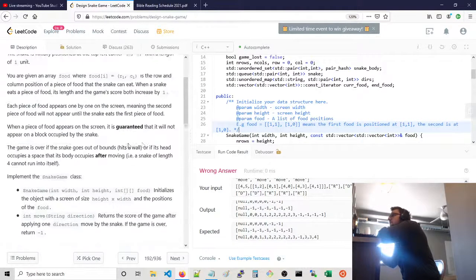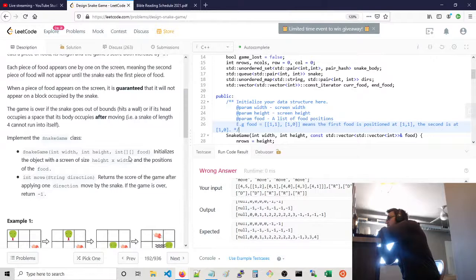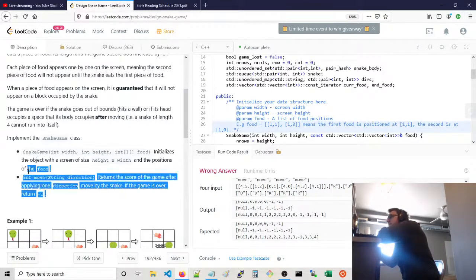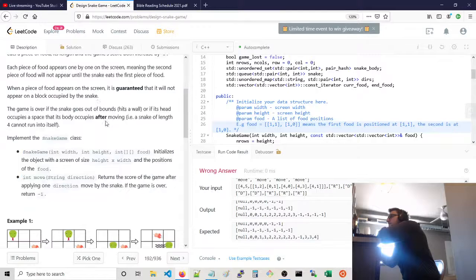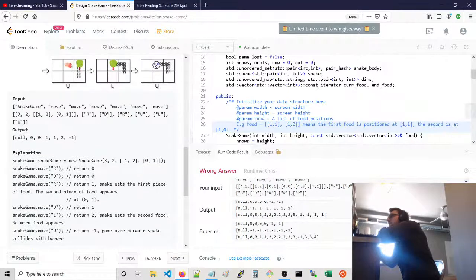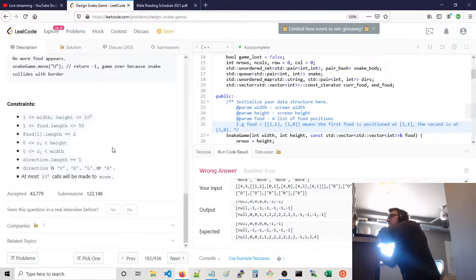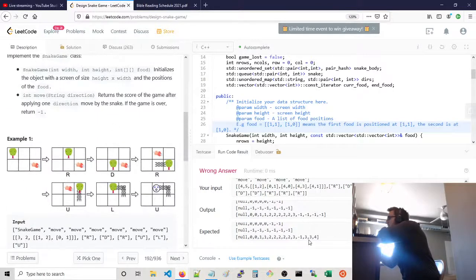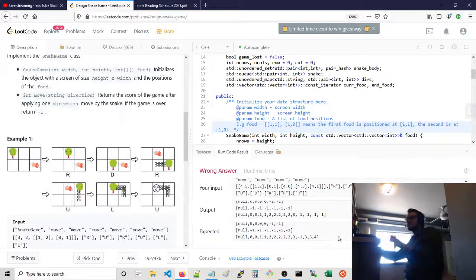So once you lose the game, the game is over, return -1. So actually they don't care. Their answer is wrong. Look at this, you see that? They keep returning the score even though the game's over.